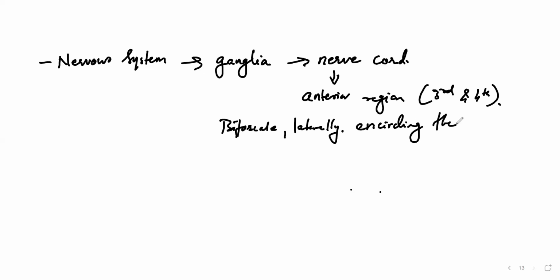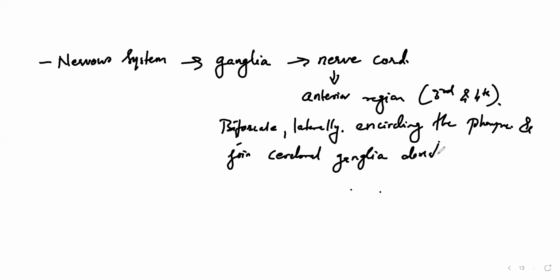Encircling means it will go around the pharynx, and from there it will join the cerebral ganglia dorsally to form a nerve ring.